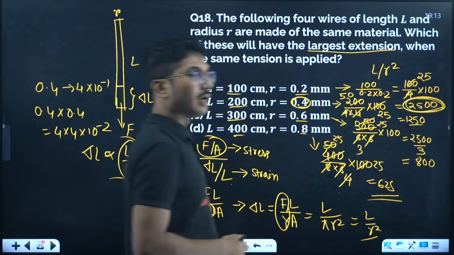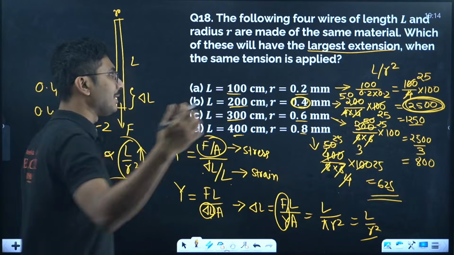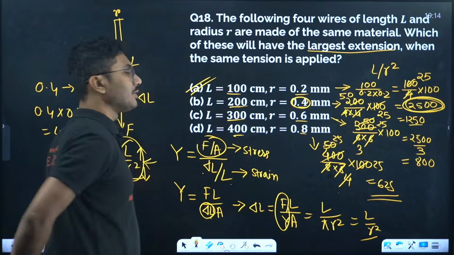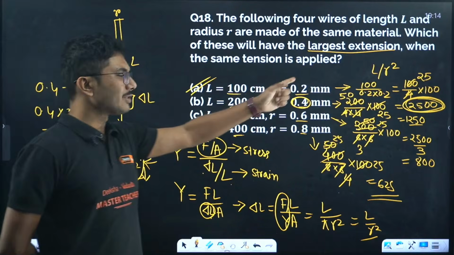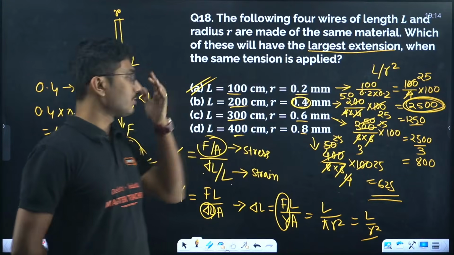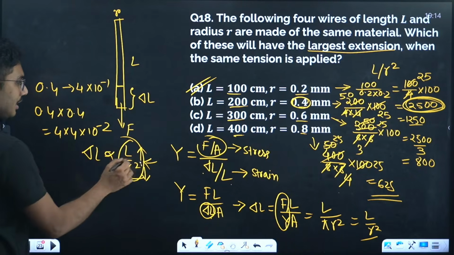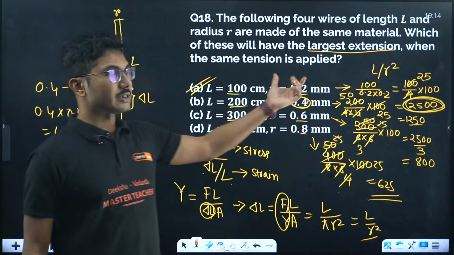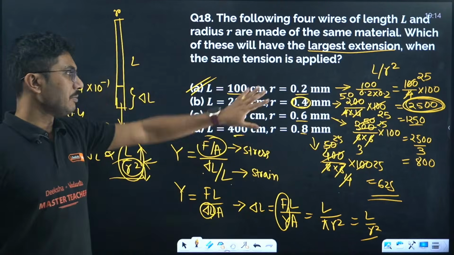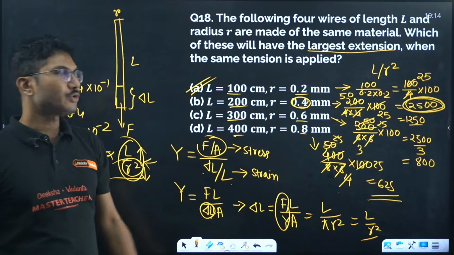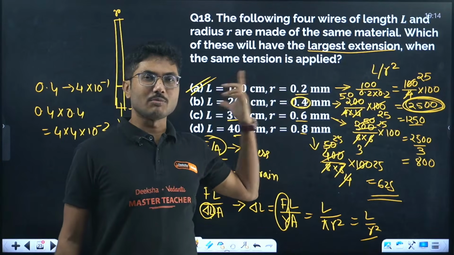This one will give you the maximum elongation. So the answer is option 1. Even though the length is not maximum, the extension depends on the square of the radius, so whoever has the smallest radius will have a larger impact. Remember, if a similar question comes, you just check which one has the smallest radius.